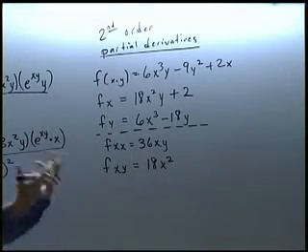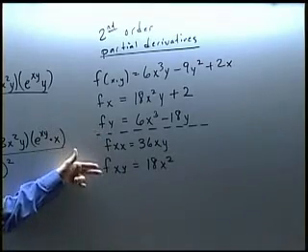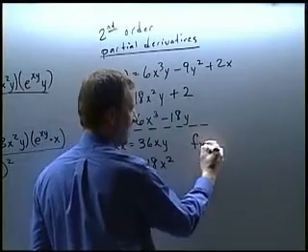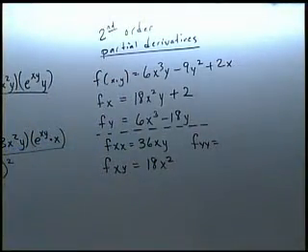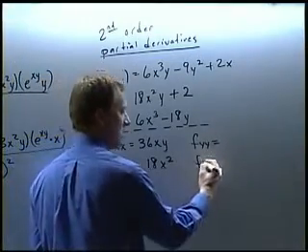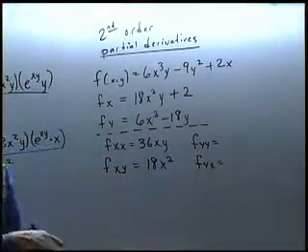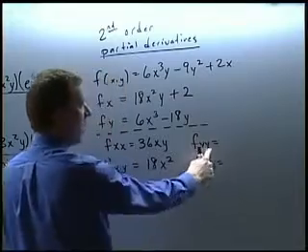Now, what other partial derivatives could I come up with? What else could I come up with besides these two? I could do fyy. Sure. I could take the derivative of the y function with respect to y again, and then what's the last one? There's one more. fyx, right. I could take the derivative with y the first time and derivative with x the second time. So let's go ahead and calculate both of these. What's fyy here?